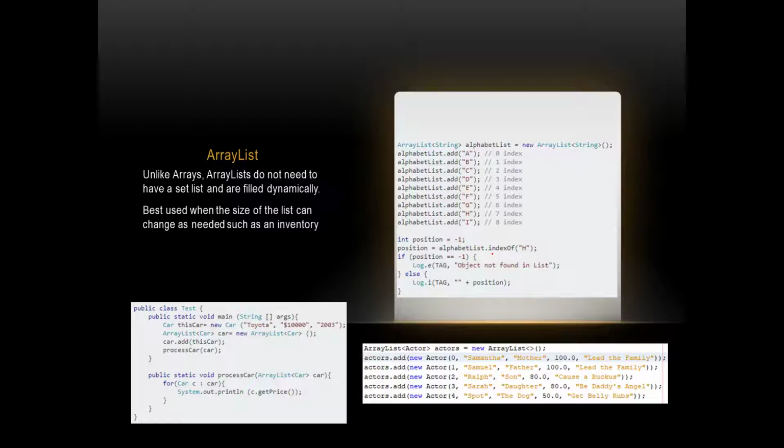The one thing I wanted to talk about was this here, where position equals alphabet list index of H. I didn't have as many uses of array list in my own code, so I wanted to talk about some examples here of things you can do with an array list. So the position here, if we were to use this in our instances, let's say we wanted to find out about Ralph the dog. We would write down position, so the index position, which is this number here, by the way.